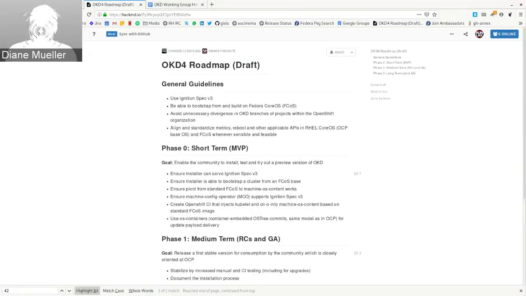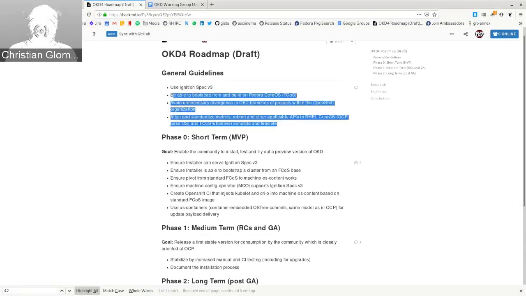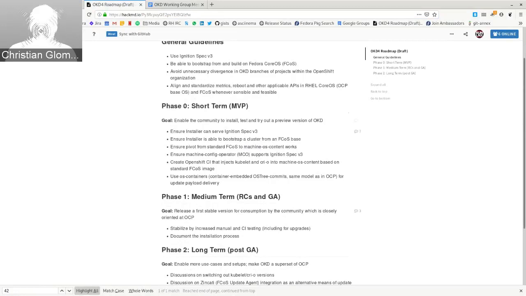So this is the roadmap. I presented it, I think in the first meeting. It hasn't changed drastically. We have a few general guidelines that we don't want to divert from at the moment that should always be met. And then we have 3 phases. Currently, we're in phase 0, and this is really just get an MVP out.